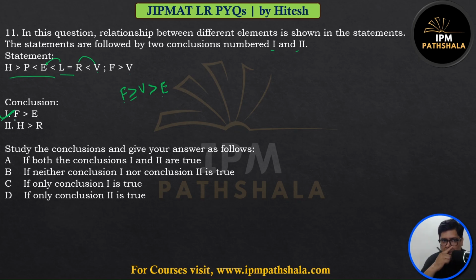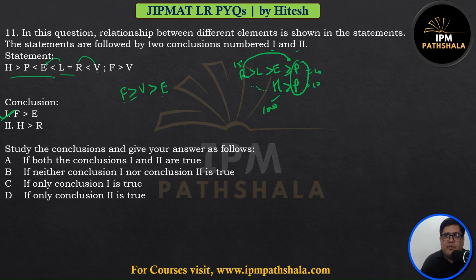Yes. H and R. See, here H is more than P, and on this side, P is less than or equal to E, is less than or equal to L, is less than R. Now, please understand, H is more than P and R is also more than P, but there is no direct comparison between H and R. Let us say P is 10, maybe H is 1000 and R is 15 is a possibility.